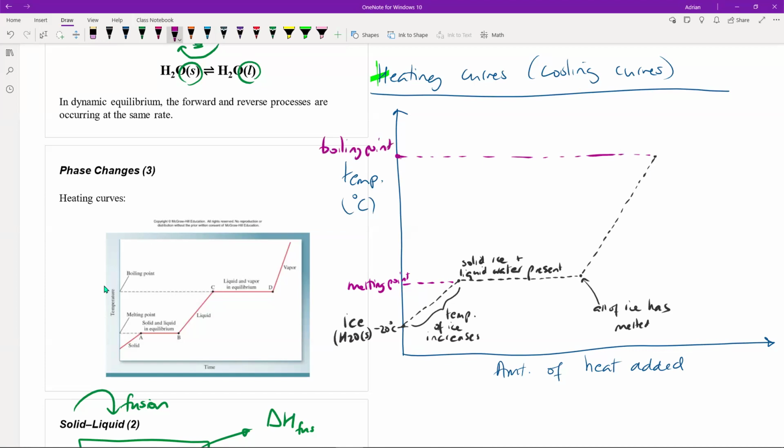And these temperatures, these normal boiling points and normal melting points, are going to be 100 degrees Celsius and 0 degrees Celsius for the melting point, respectively. So in this region here, the temperature of the liquid water is increasing.